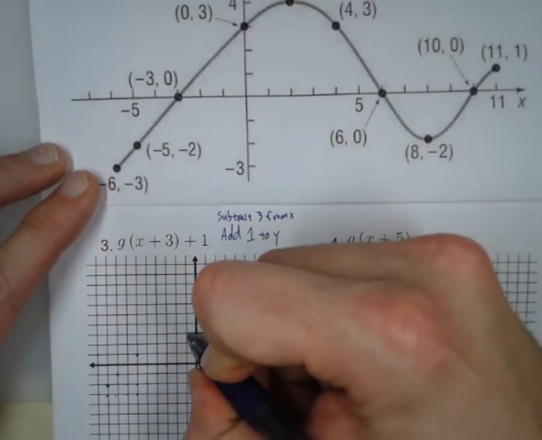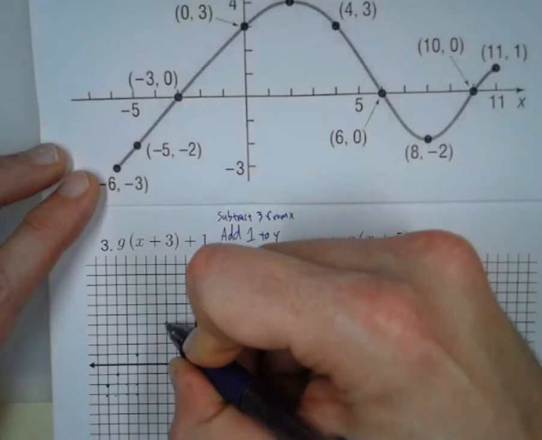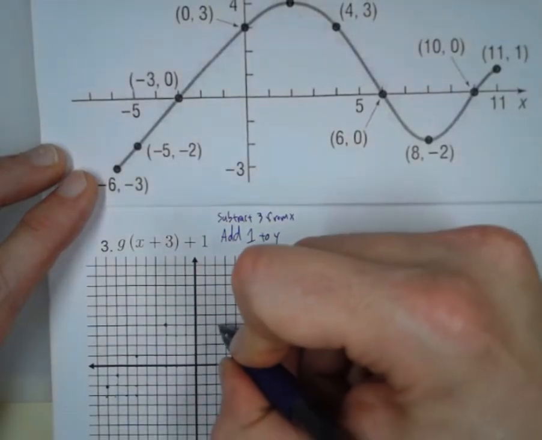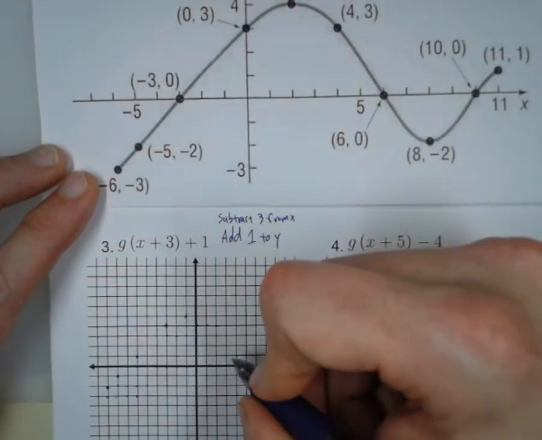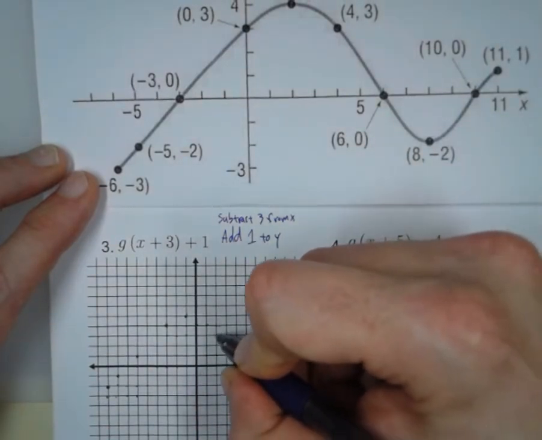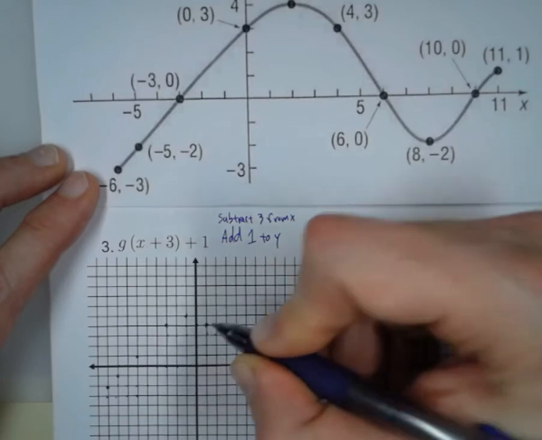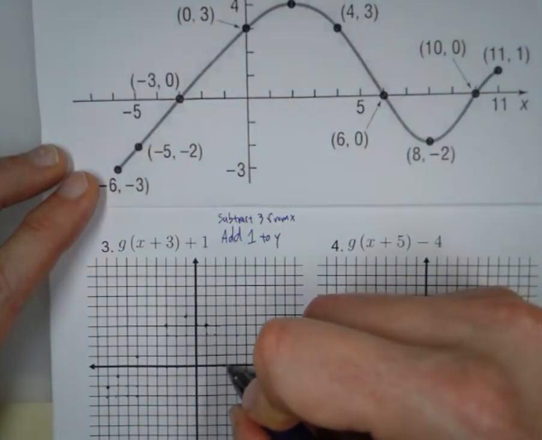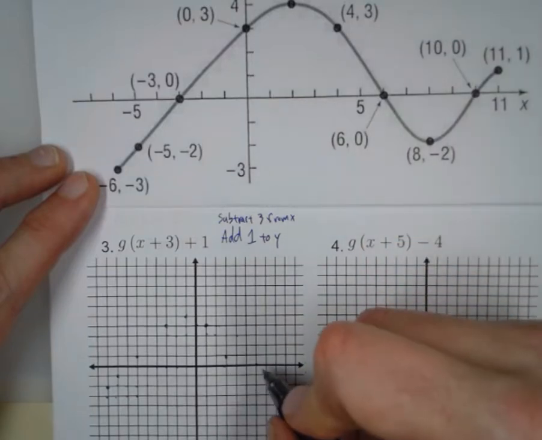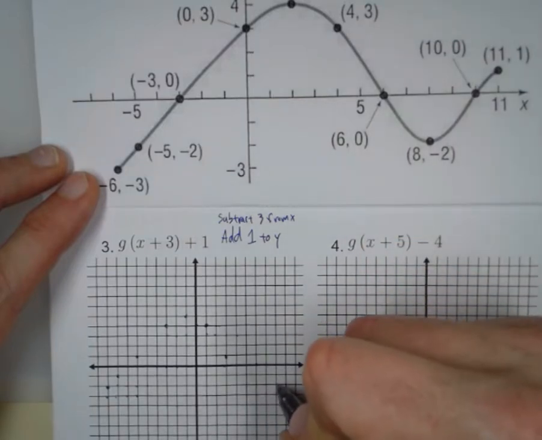0, 3 was here. We go over 1, 2, 3 to the left and up 1. 2, 4. We go 1, 2, 3 over, up 1. 4, 3. So we go over 1, 2, 3 and up 1. 6. We go over 1, 2, 3, up 1. -8, 8, -2.